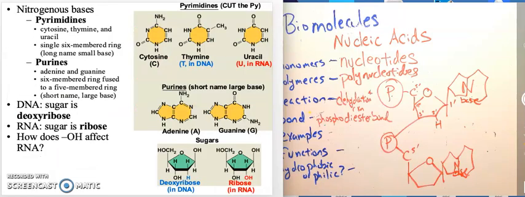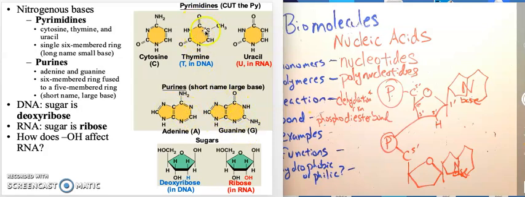One difference between DNA and RNA is which sugar is present. DNA is deoxyribose, which has just a hydrogen on the 2' carbon. Ribose has a hydroxyl group on the 2' carbon. Another difference is which bases are present in DNA versus RNA. 3 of the bases are the same, so both DNA and RNA have cytosine, adenine, and guanine.